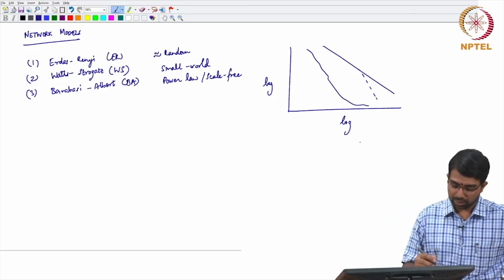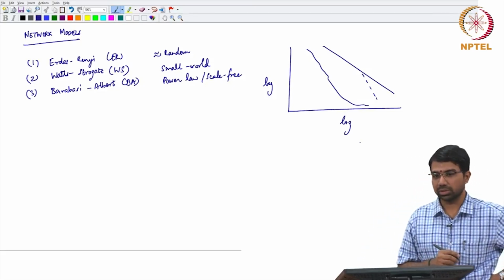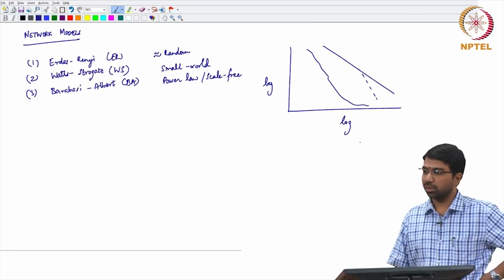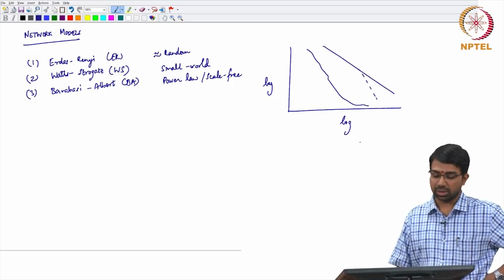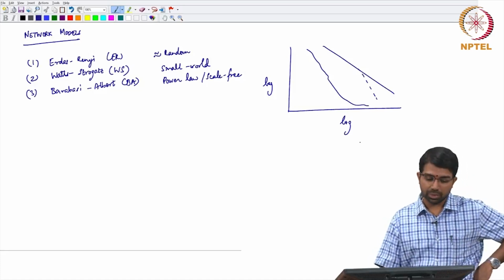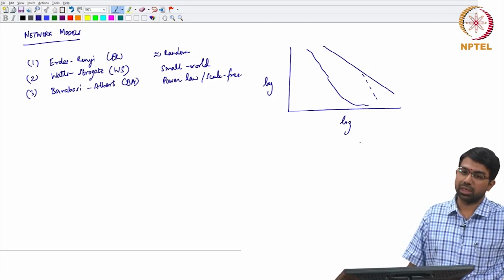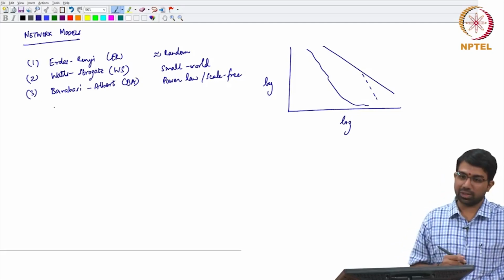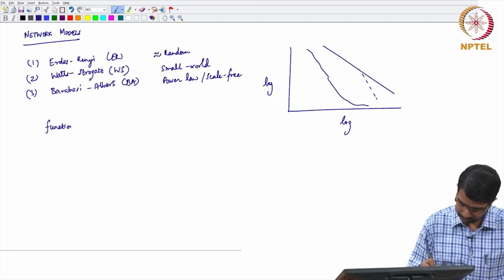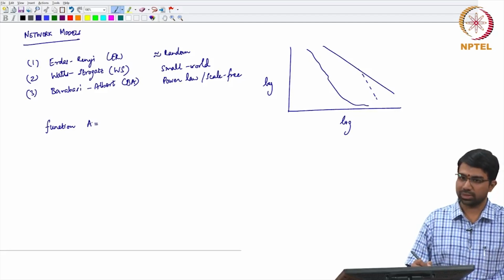And we also studied how to generate these networks, and we tried to code them. I think we should try doing that again because it can sometimes be a little tricky. So, how do you generate an Erdős-Renyi random network? If we were to write a MATLAB function, it will look something like function A equals ER of n comma p.